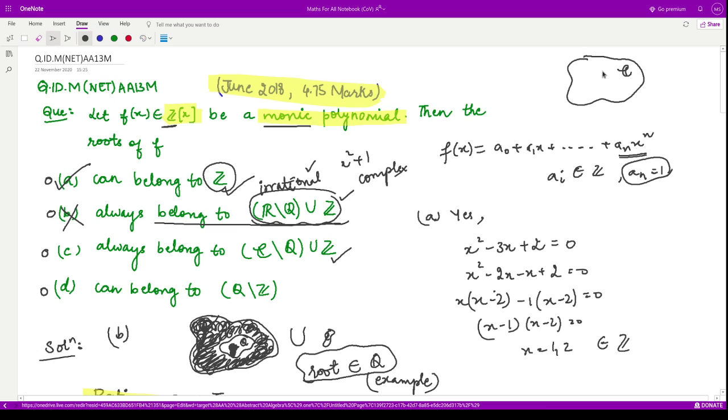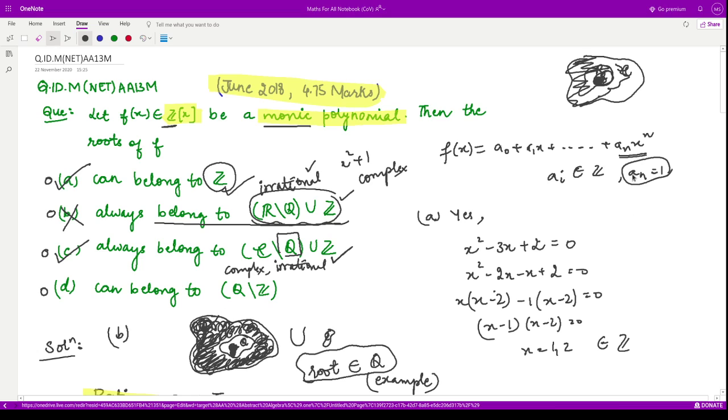This is our C. It has real numbers, then it has Q, and then it has Z. They have subtracted this Q from C and they have kept this Z. So we have this Z and we have this whole thing except Q. The roots belong to Z, yes. They also belong to irrational numbers, yes. And they also belong to the set of complex numbers, except rationals. Therefore this option is correct.